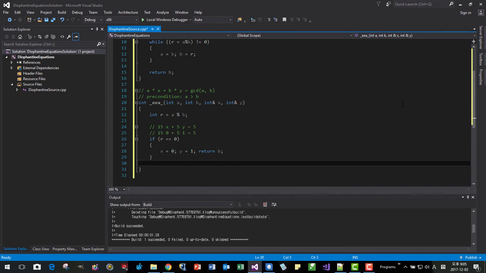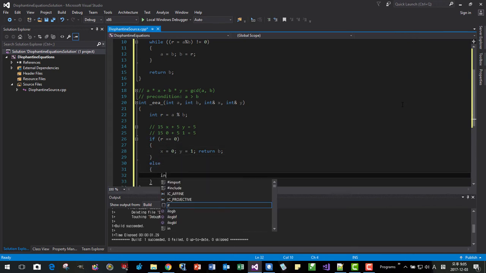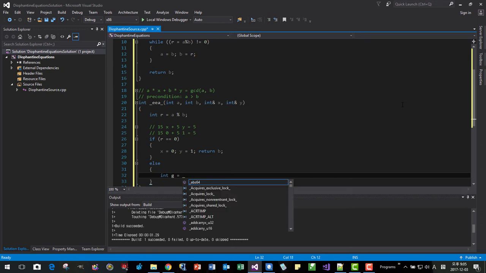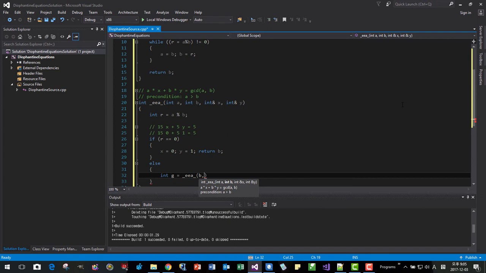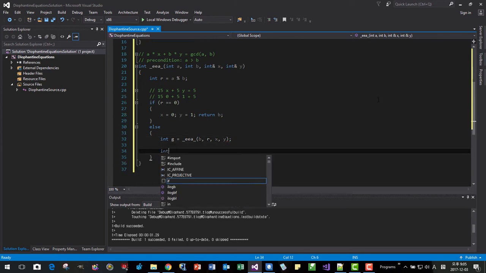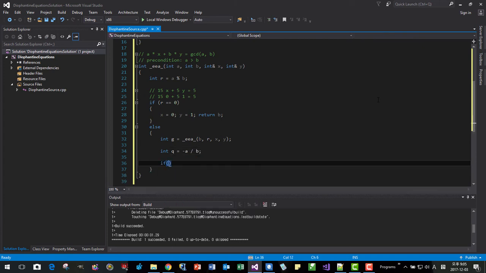Okay, that's it. Else here, int G equals EEA, extended Euclidean algorithm. Here should be B and R, X, Y. Then int Q equals minus A over B. If X equals 0, it means it reached the bottom.